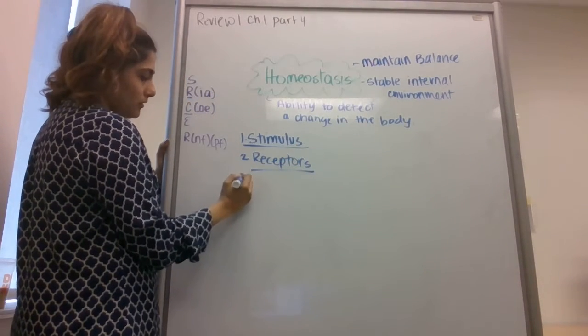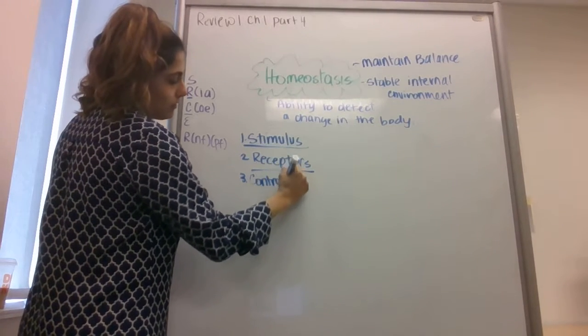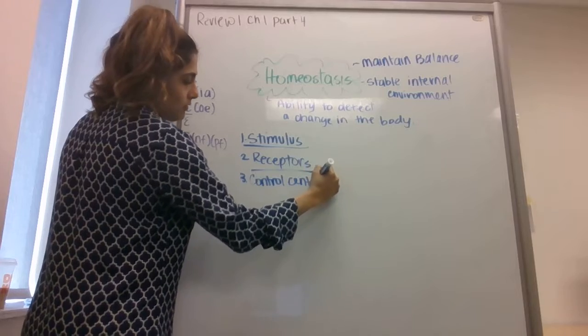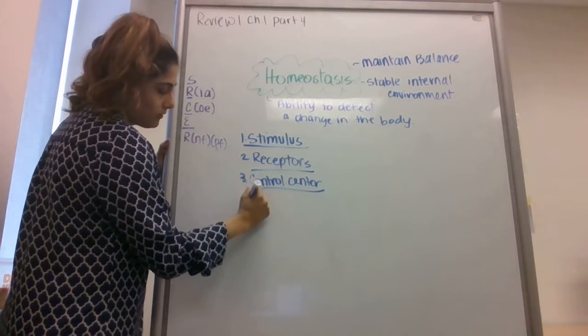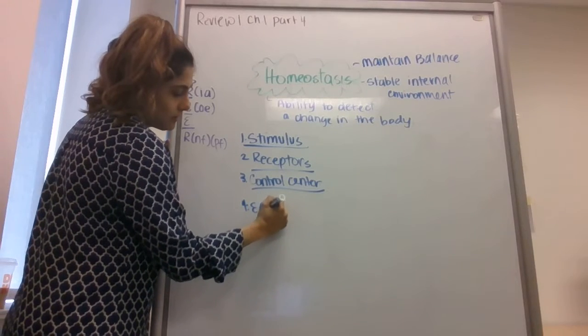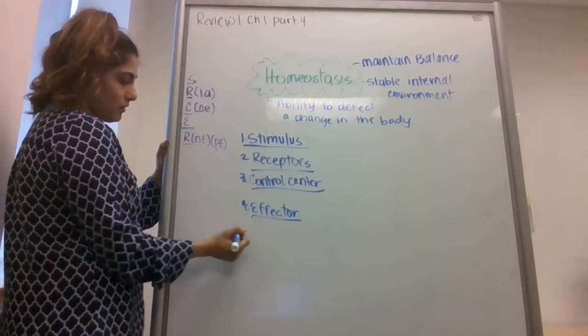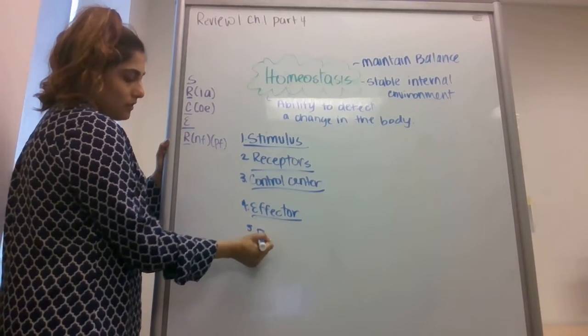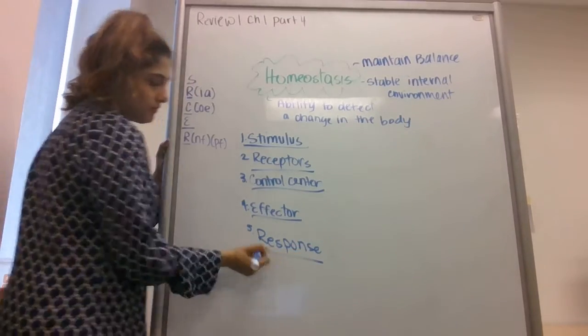The third is control center. The fourth is effector. And the fifth R is response.